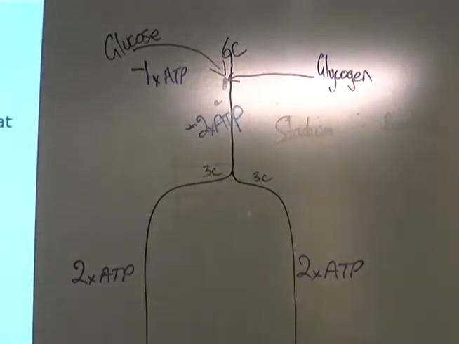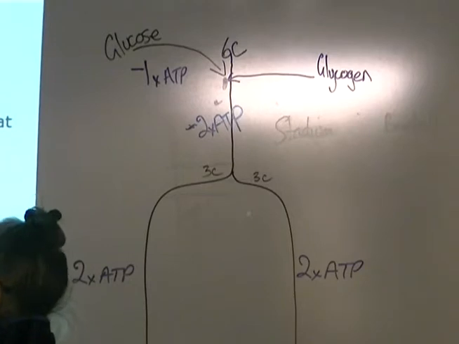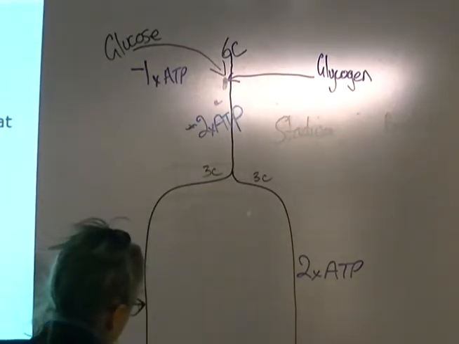And when we finally finish breaking down our glucose or our glycogen, we're going to call it pyruvate. We're going to end up with pyruvate.